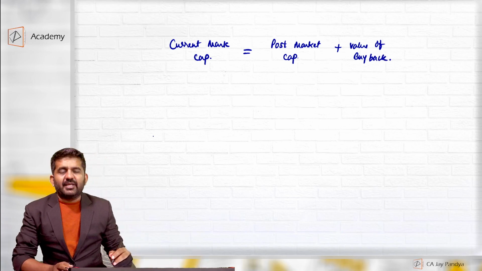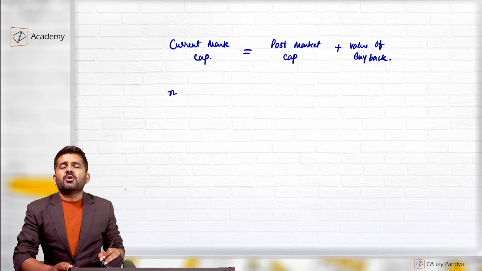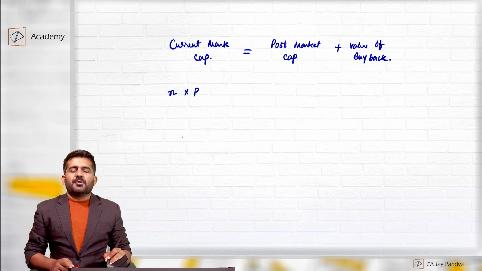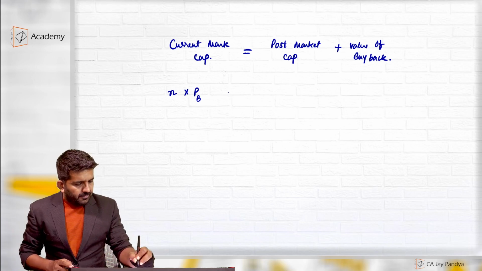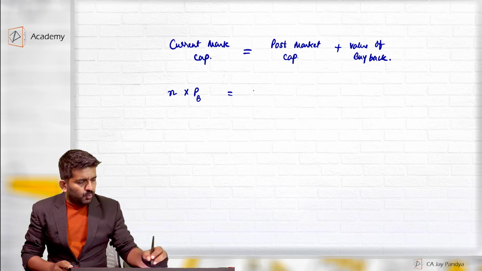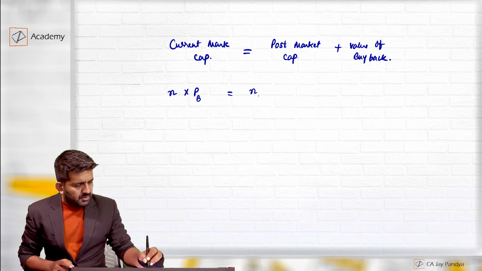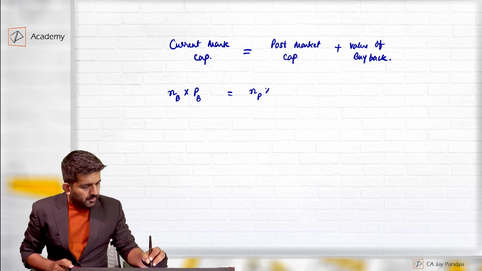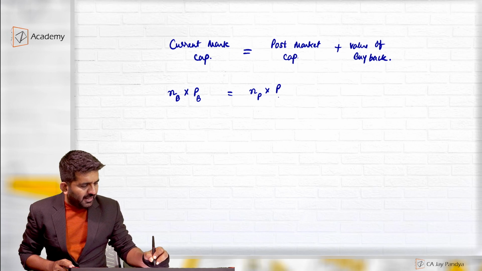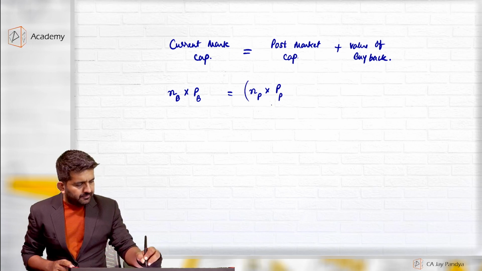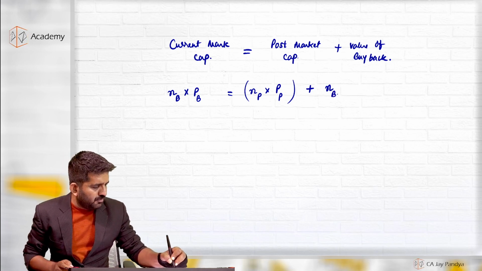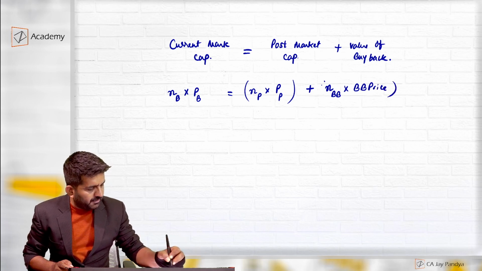Try to understand in simple terms, number of shares that were before buyback multiplied by price per share before buyback should be equal to number of shares post buyback multiplied by price of share post buyback plus value of buyback, that is number of shares bought back multiplied by buyback price.